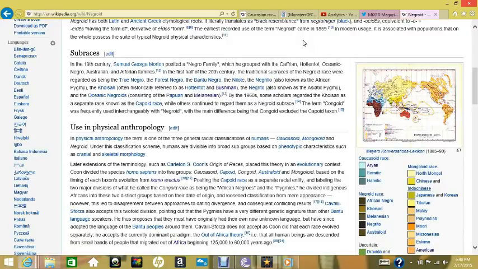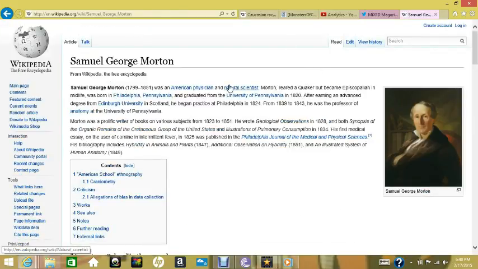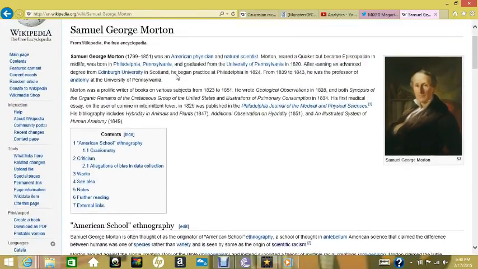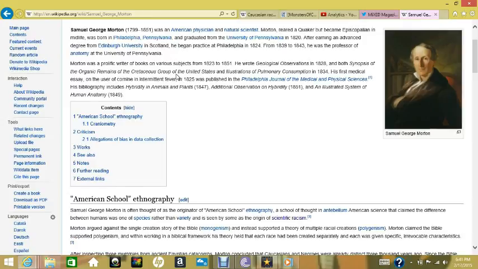Who came up with the term Negroid? This man right here, and this is a white guy. His name is Samuel George Morton. He was born in 1799 and died in 1851. He was an American physician and natural scientist.